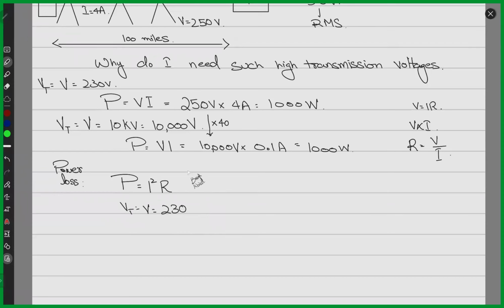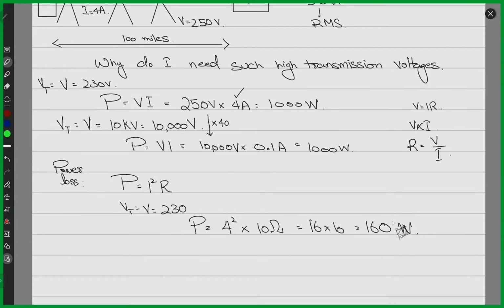It would be, because R is 10 ohms, P is equal to, corresponding to 230 volts, I had 4 amperes. So it's 4 squared into 10 ohms. This is 16 into 10, which is 160 watts. So you can see that there is a power loss of 160 watts in the cable, right?